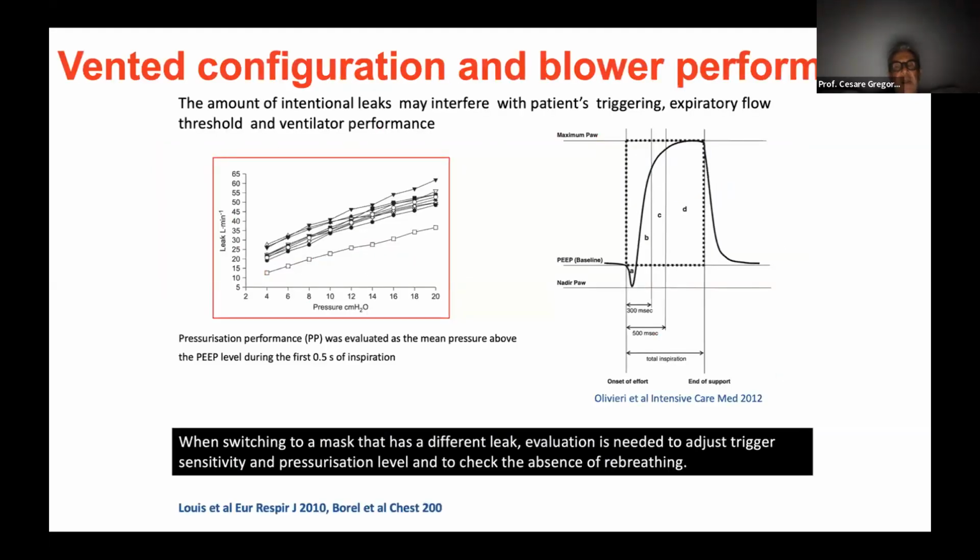But not all that glitters is gold. In this kind of circuit, what do overall leaks mean? Intentional leaks plus non-intentional leaks.